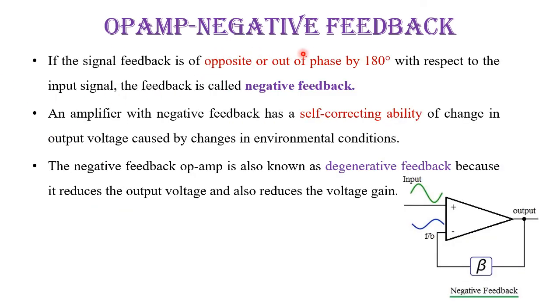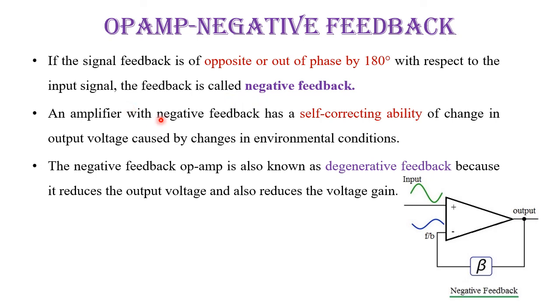Negative feedback operational amplifier. If the signal feedback is in opposite or out of phase by 180 degree with respect to the input signal, then the feedback is called as negative feedback. So here you can see the input and the output. There is a phase shift by 180 degree. Okay, that is the negative feedback amplifier.